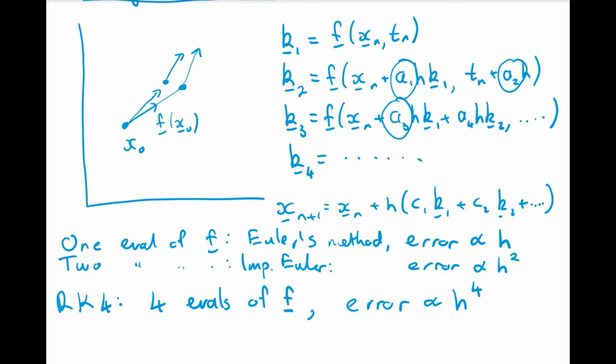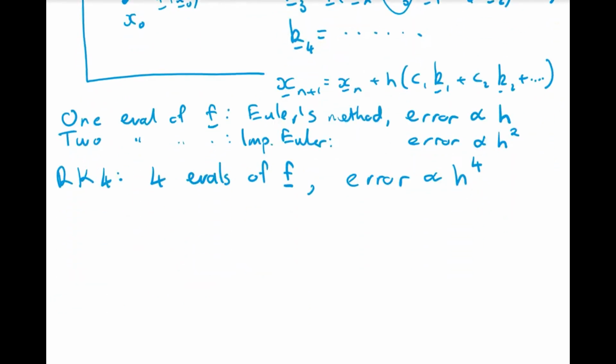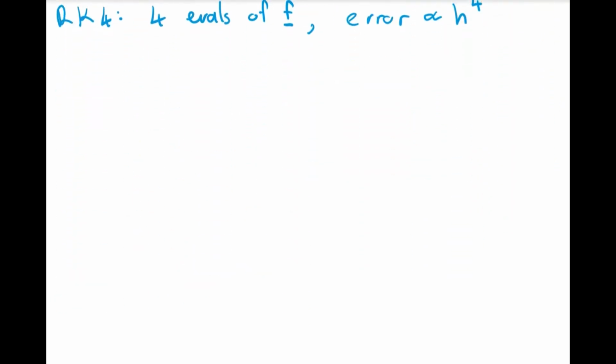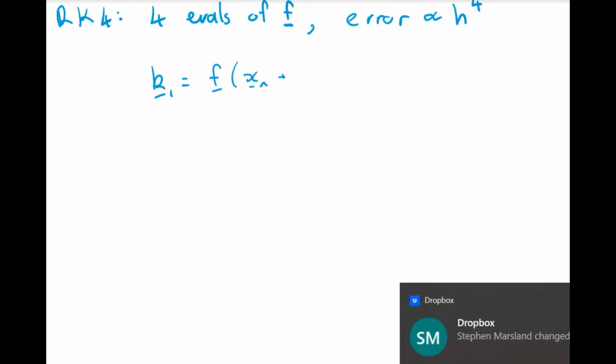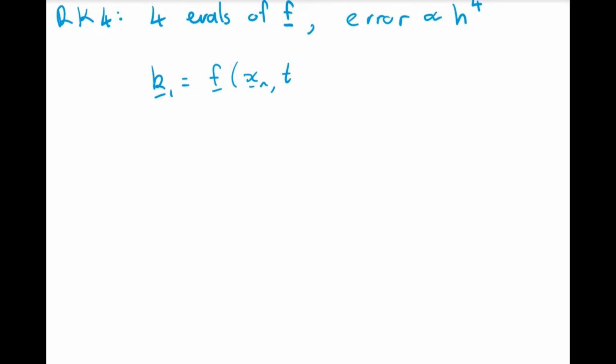So what is this Runge-Kutta for? It's a really commonly used real workhorse method. Let's write down what that looks like. K1 is f of x_n, t_n. K2 is f of x.